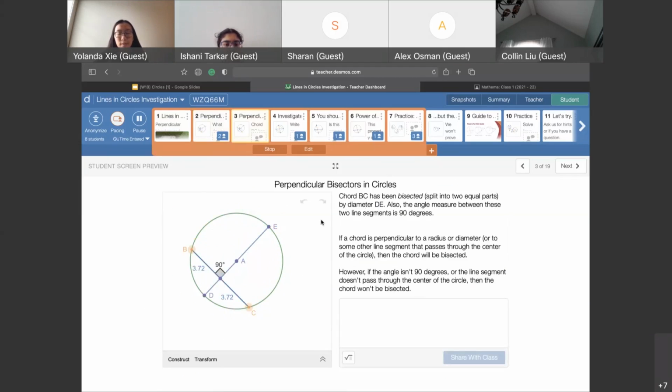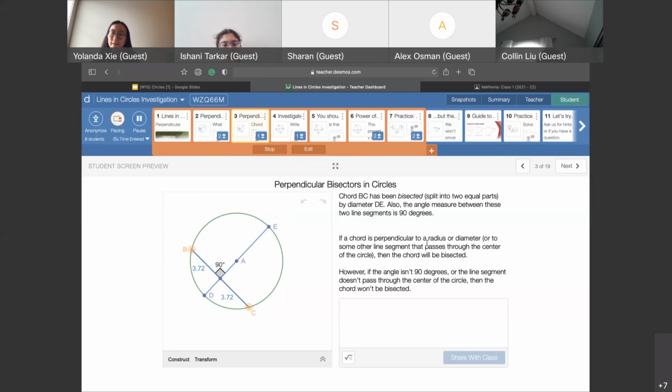So the reason this works, chord BC, which is this right here, has been bisected. So it's split into 2 equal parts by the diameter DE. And then these 2 lines are perpendicular to each other. So that's why there's a 90-degree angle between them.